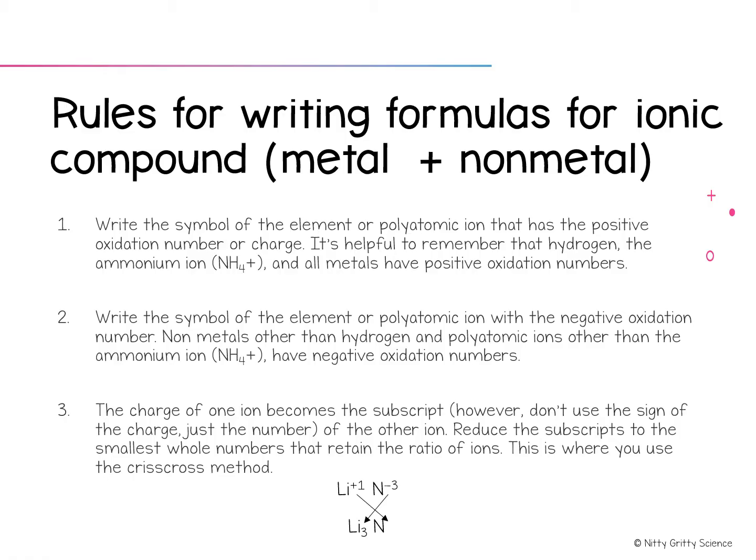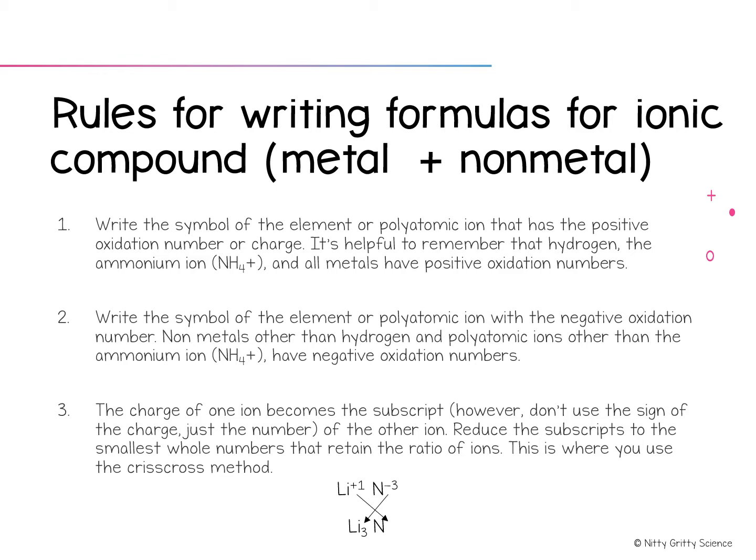The next step would be write the symbol of the element or polyatomic ion with the negative oxidation number. So nonmetals other than hydrogen, of course, and polyatomic ions other than ammonium all have negative oxidation numbers. The final step is to write the charge of one ion, and that charge becomes the subscript for the other ion.